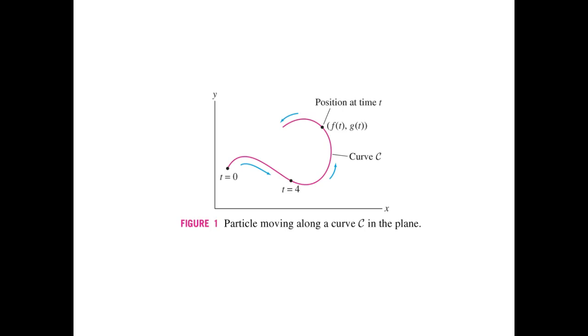And y, starting here, is increasing, then it decreases, then it increases again, then it decreases again. If you plotted y as a function of t, it would increase for a ways, decrease for a ways, increase again, and decrease again. As t is always increasing, your y is changing.